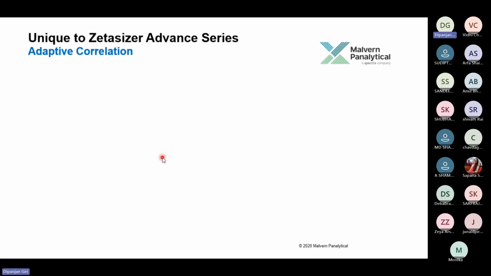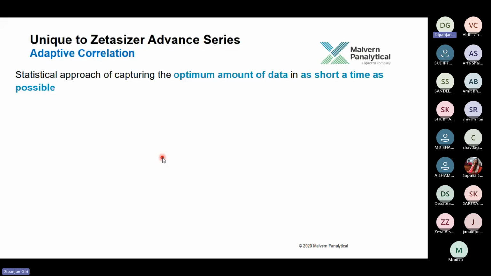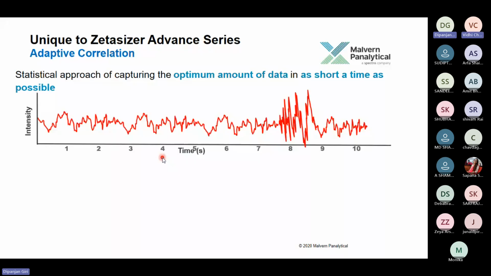So you may see sometimes, or rarely, an abnormal kind of fluctuation like you can see here. This may impact your results.